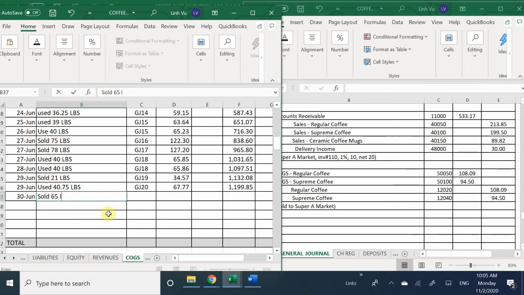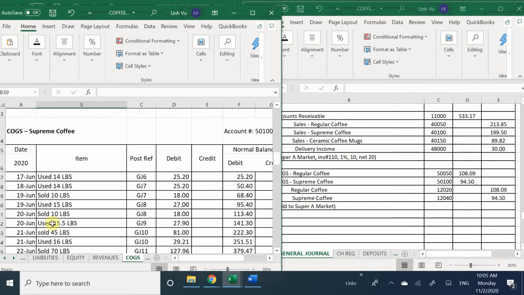General Journal 21. And it's for 108.09. And then I don't have that total. Let me see if it's gonna be right. Okay. So we started off with 1199.85. Okay, it's 1307.94. 1307.94. Yes. Good.